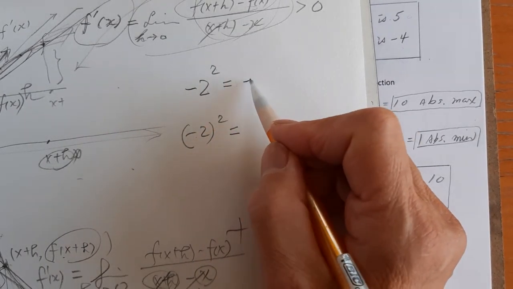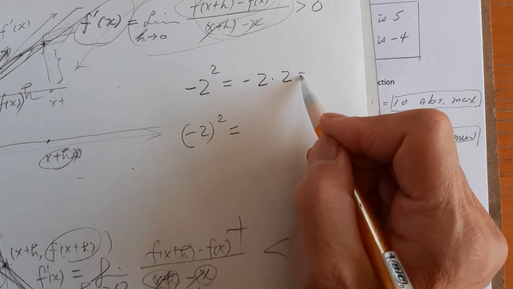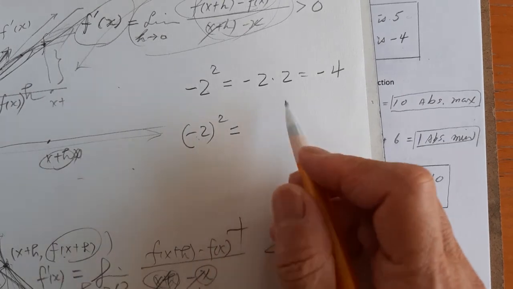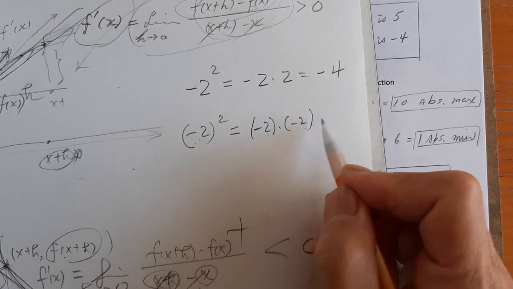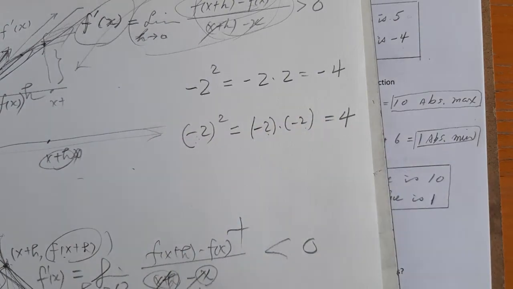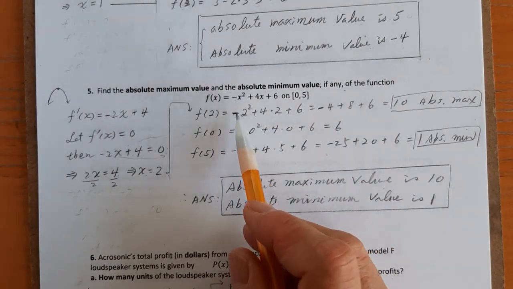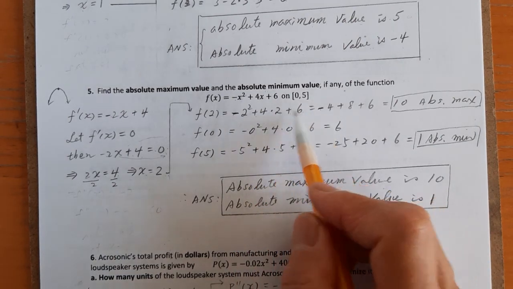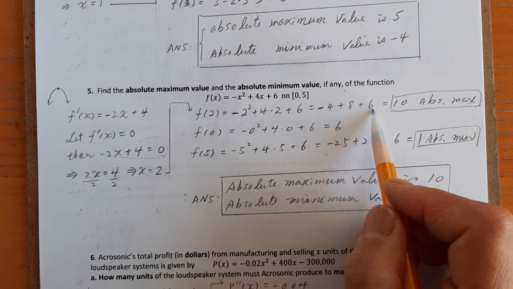If it is written as -2 squared, it is -2 times 2, which equals -4. But (-2) squared, the base is -2 times -2; negative times negative becomes +4. That's different. So this is a negative, negative 4, times 2 is 8, plus 6. And we figure out it is 10.